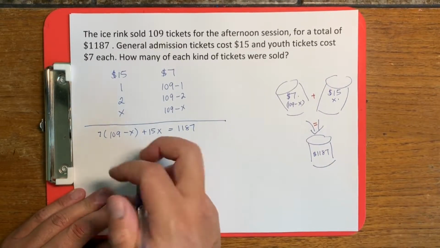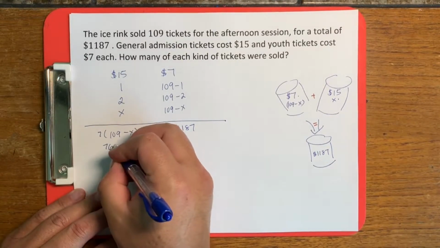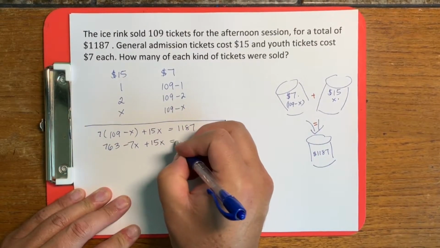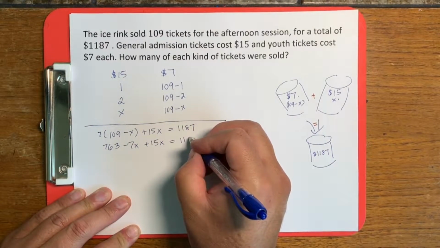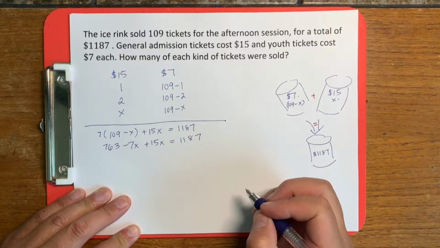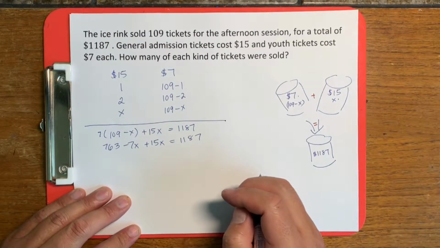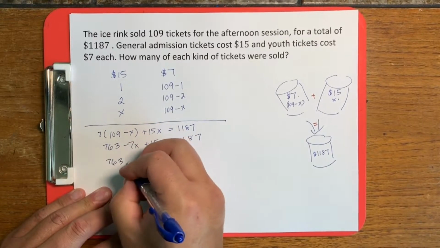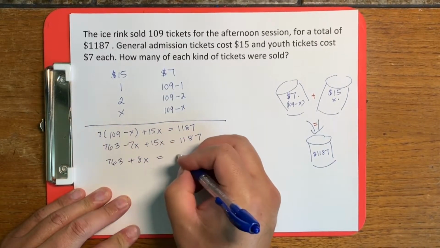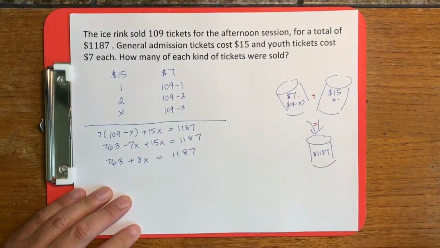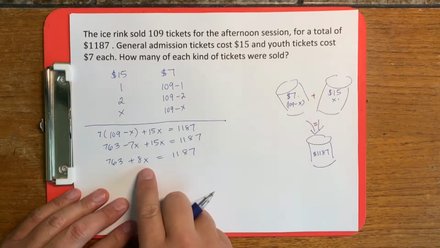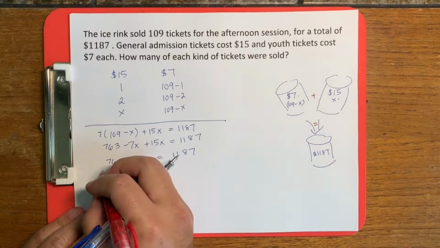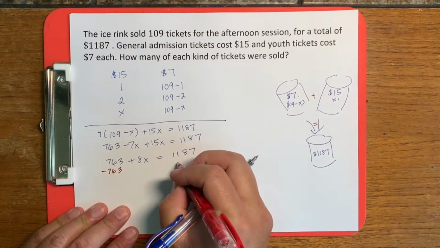Now, if we distribute, we get 763 minus 7x plus 15x is equal to 1,187. Now, let's combine like terms, and I will get 763 plus 8x is equal to 1,187. And then let's isolate the x. We'll subtract 763 from both sides.